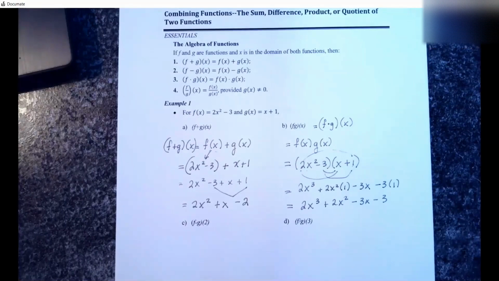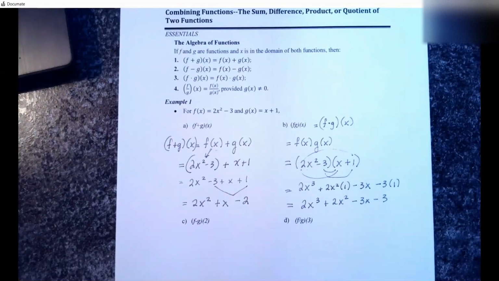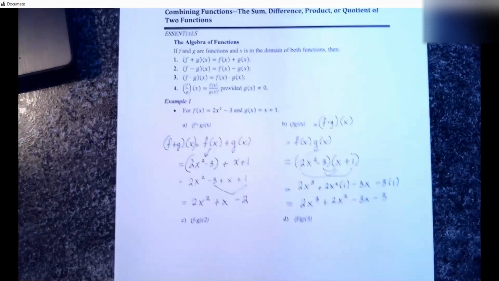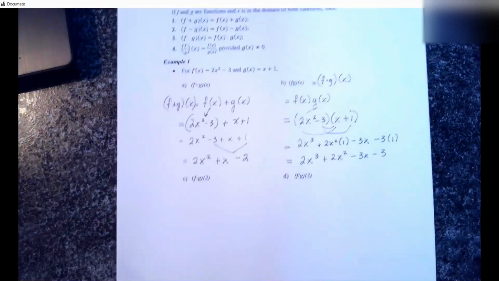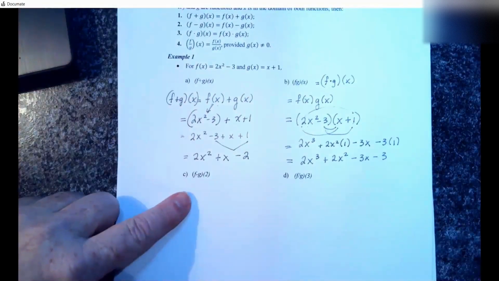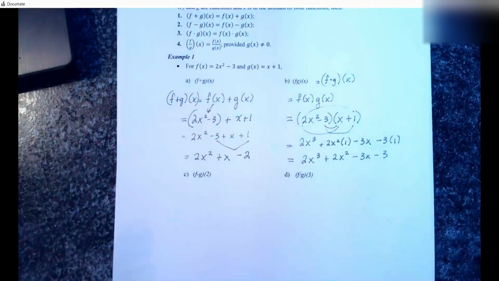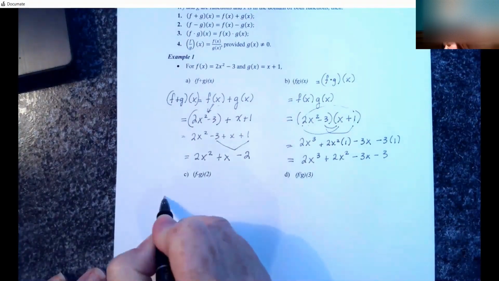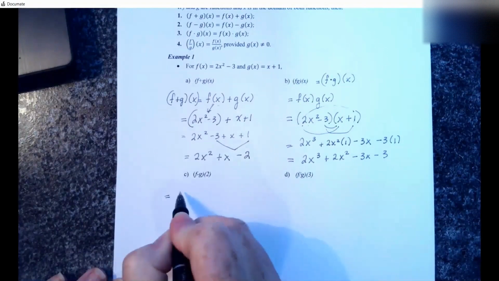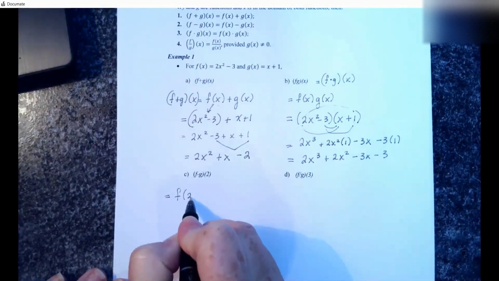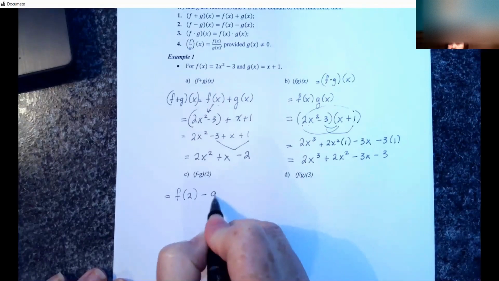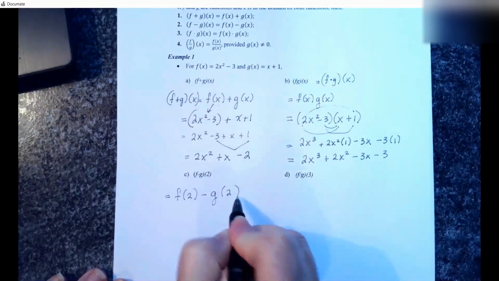Now, does anybody have any questions about this part up to now? All right. So what if we want to find a sum, difference, product, or quotient at a specific x value? Well, it's the same concept. If you take f minus g of 2, it's just f of 2 minus g of 2.